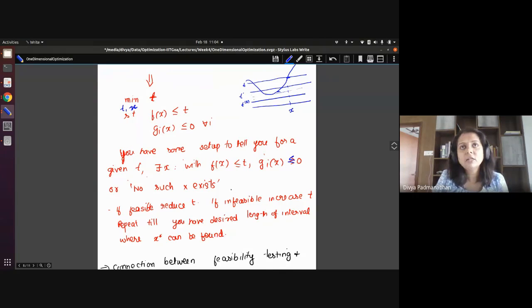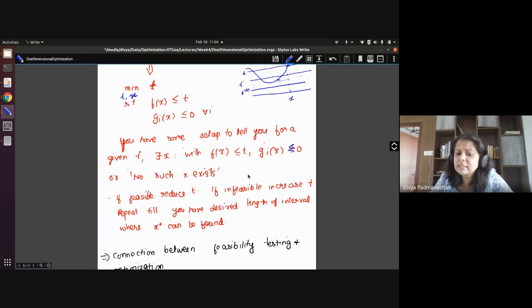I've seen many research papers, even now, that have complicated constrained optimization problems and they don't know how to solve them. So this is a first method that helps them to just do a check on what the solutions would be. Now there's a connection between testing for feasibility and optimization. This black box we just saw is just doing a feasibility check.